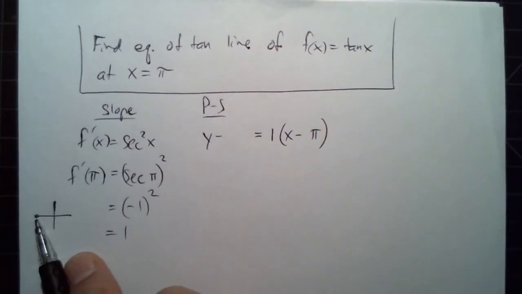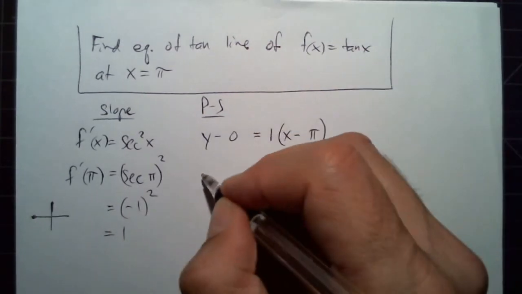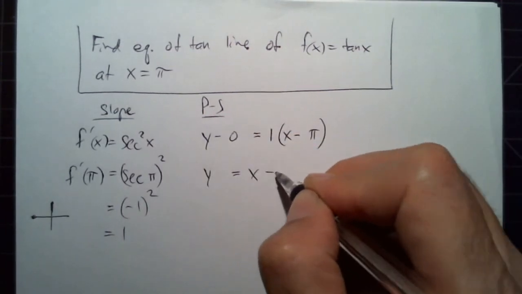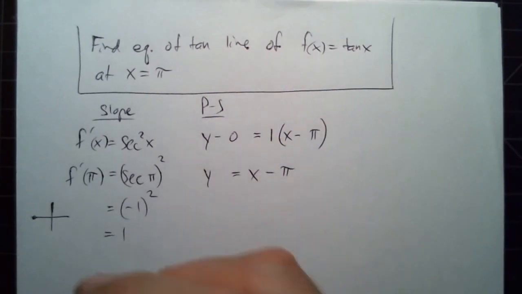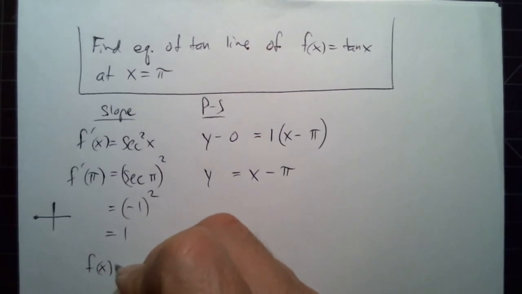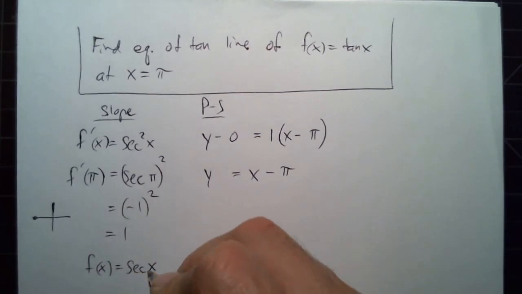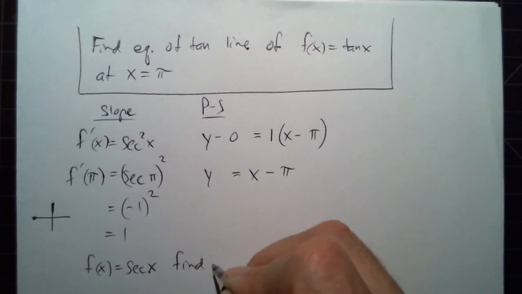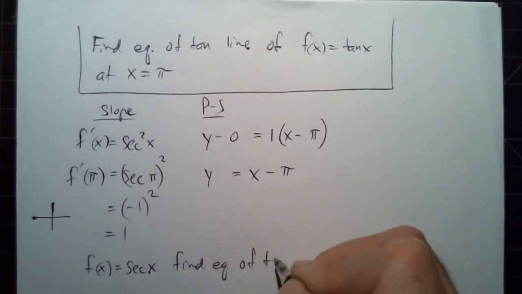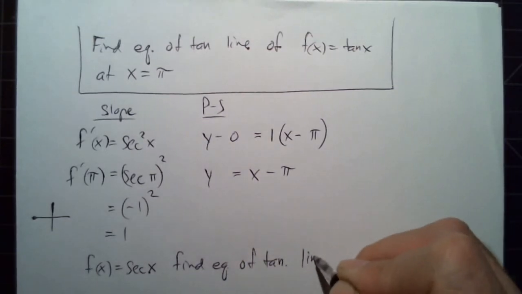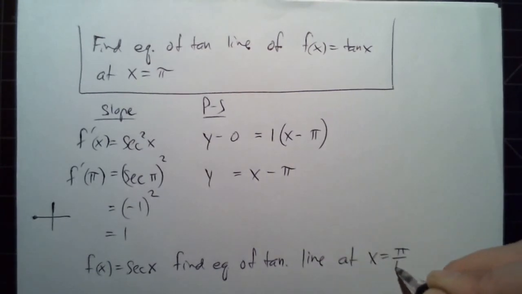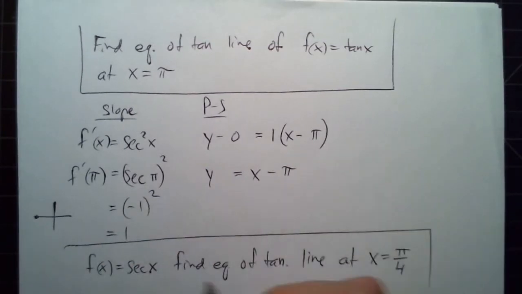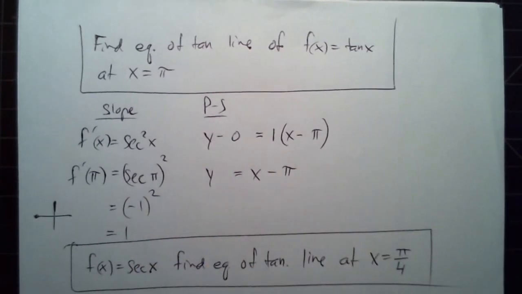The y value at pi is 0, and the x value is -1. So this is 0. And we get x minus pi.